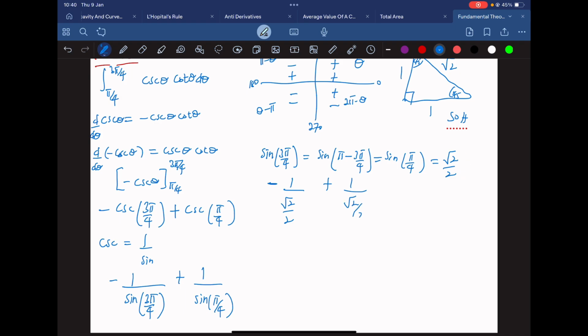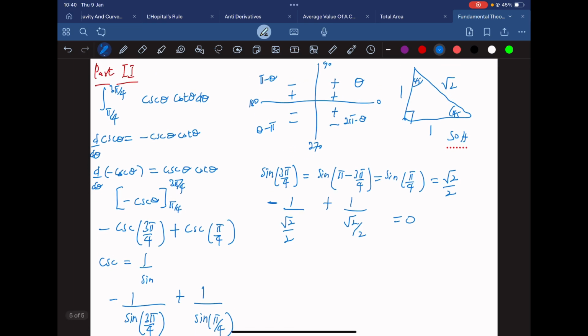So if we find the reciprocal of this, it just goes to negative root 2 over here. We can also have the same thing right there. So clearly you can see that this and this are just opposite signs, right? So if we add them, this goes to 0. So if we integrate this, we have this.